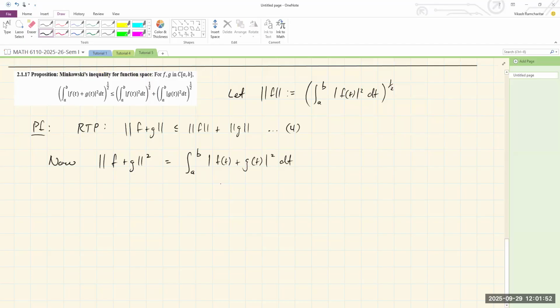I want to basically break up this term into two terms. If I have something like a plus b squared, we know that is equal to a squared plus b squared plus 2ab.